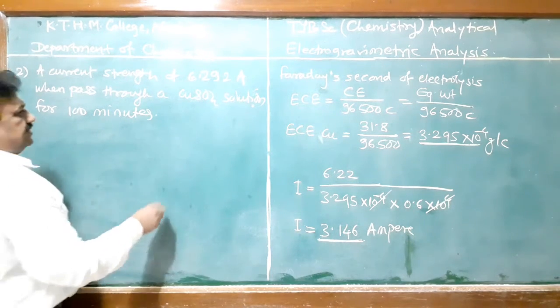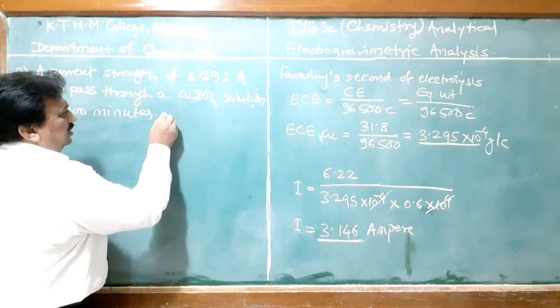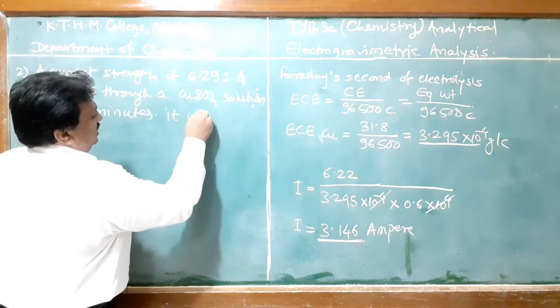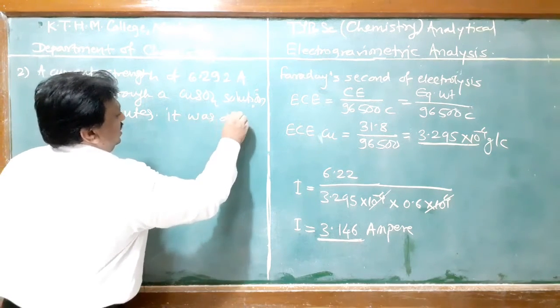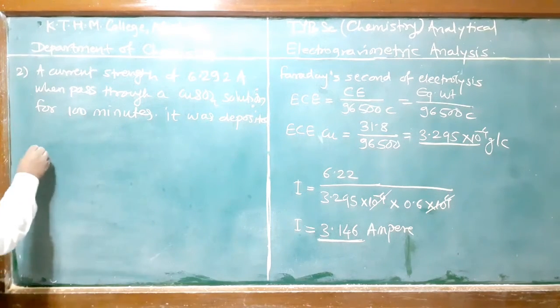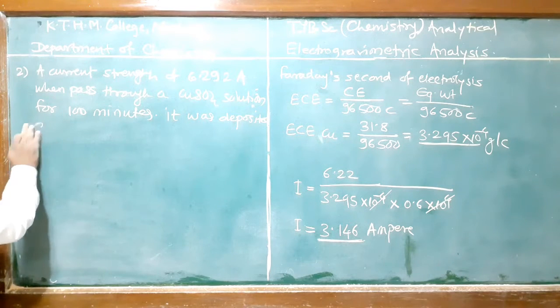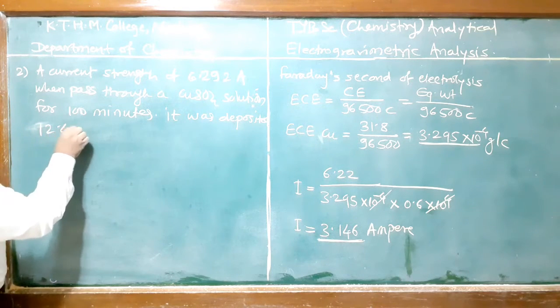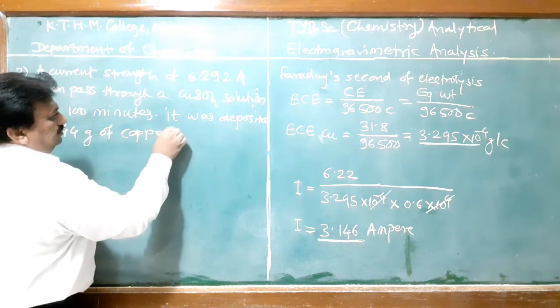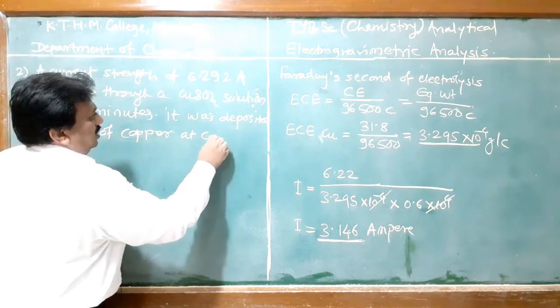It deposited 12.44 gram of copper at the cathode.